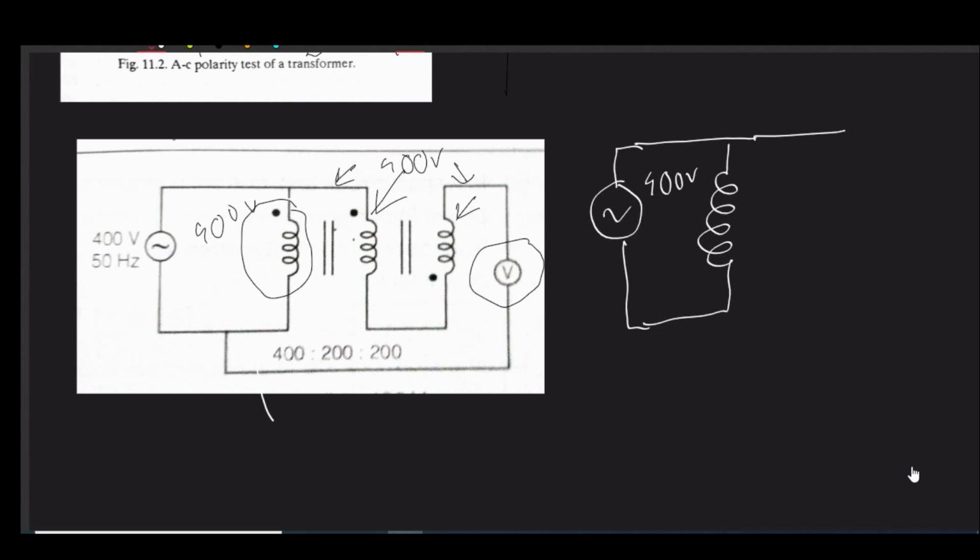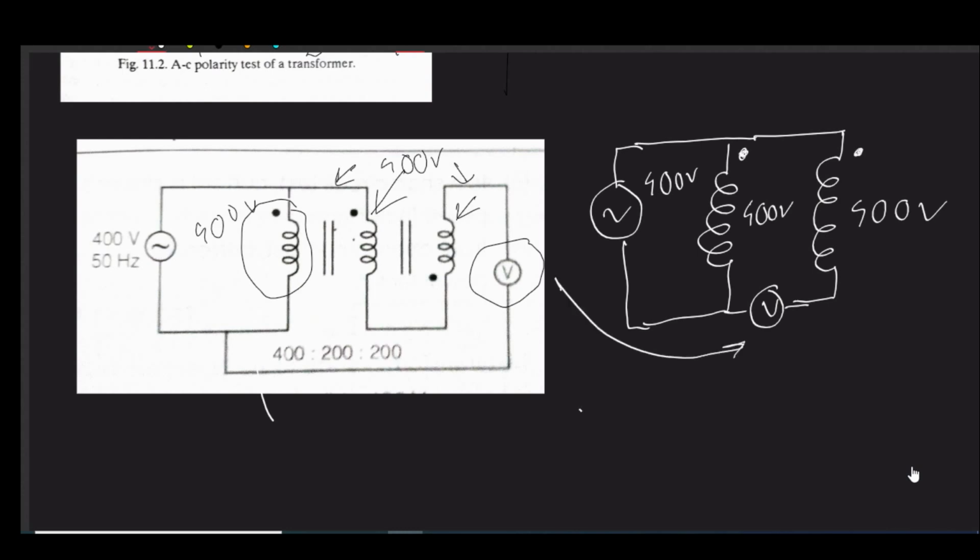If we redraw it, it becomes a transformer like this. So what will this voltmeter read here?